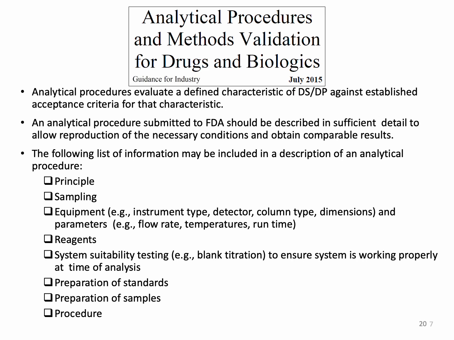So we are going to have the principles of the analytical procedure, samplings, equipment. We talk about instrument types, detectors, column type, dimensions, and parameters like flow rate, temperature, and runtime.